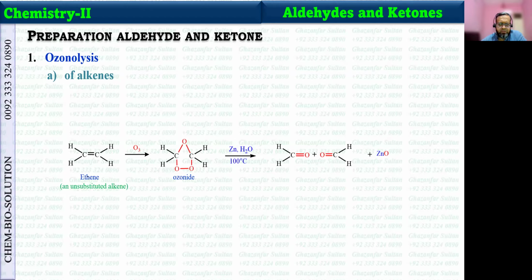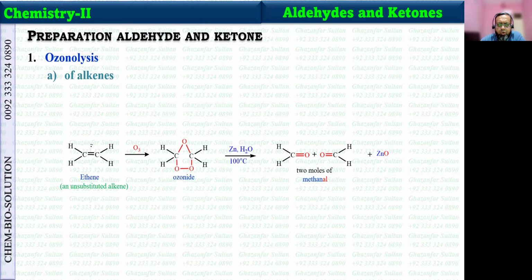You can see here, this is the unsubstituted alkene. The unsubstituted alkene is ethene, because on both of the carbon atoms, there is no other alkyl group. So this is called unsubstituted alkene. And the product is 2 moles of methanal, because both of the carbon atoms are the same. Both of them have two hydrogen atoms.